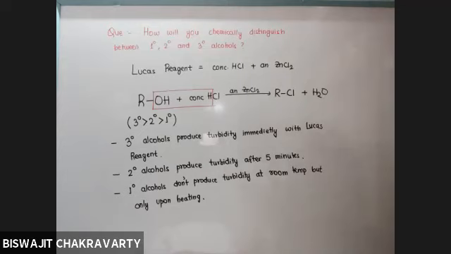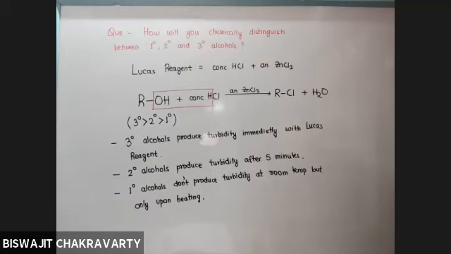The time taken for turbidity to appear. ठीक है? तो कौन सबसे ज्यादा जल्दी टर्बिडिटी प्रोड्यूस कर रहा है? 3 degree, and therefore turbidity appears immediately.